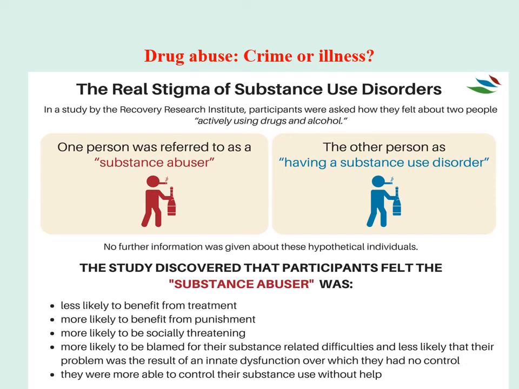The study found that participants felt that a substance abuser is less likely to benefit from treatment, more likely to benefit from punishment, more likely to be socially threatening, and more likely to be blamed, but also more likely to control their substance abuse without help. In other words, an internal attribution is punitive, but also holds out the possibility of control. External attribution, labeling drug abuse as a disorder, is less likely to produce this kind of judgmental outcome.